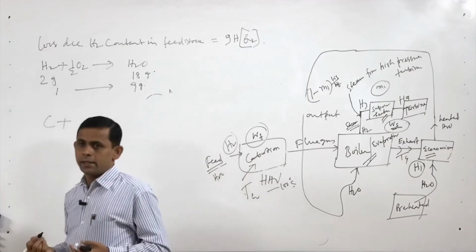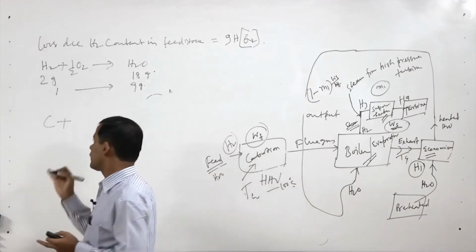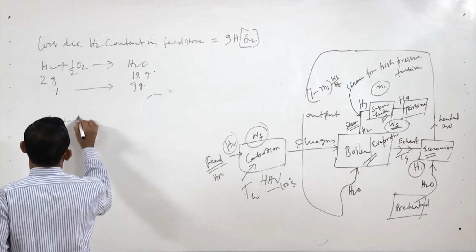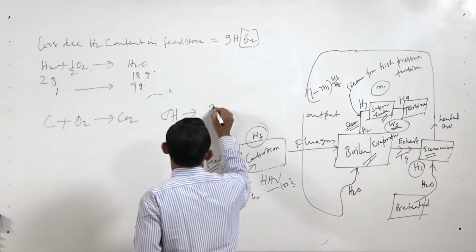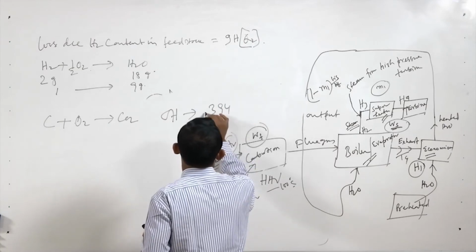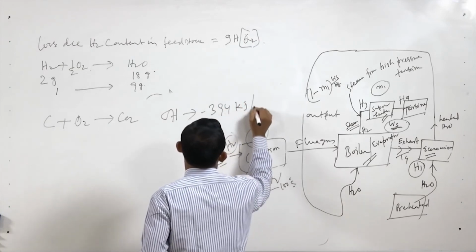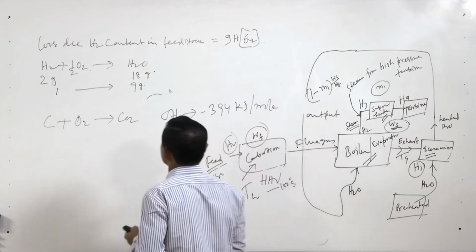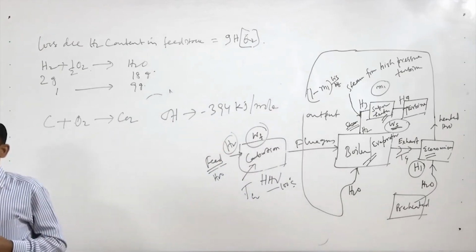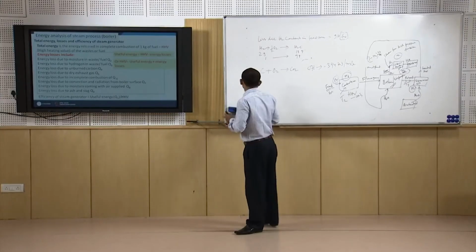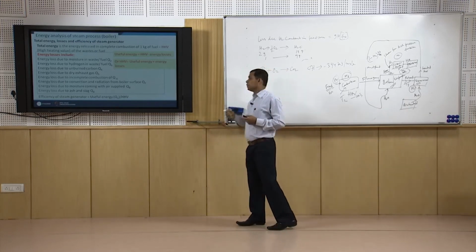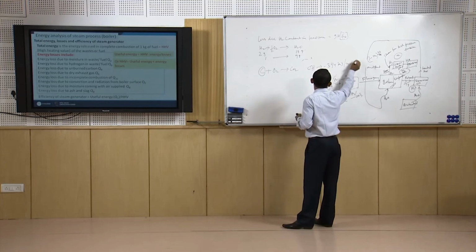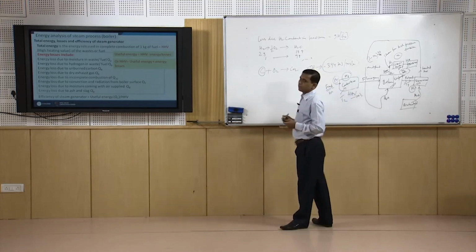In ideal cases, carbon can react with oxygen to give CO2, where del H is say 394 kilojoule per mole. So, this is the heating value. Depending upon the carbon which is not burned, we lose some amount of energy, that is our loss.